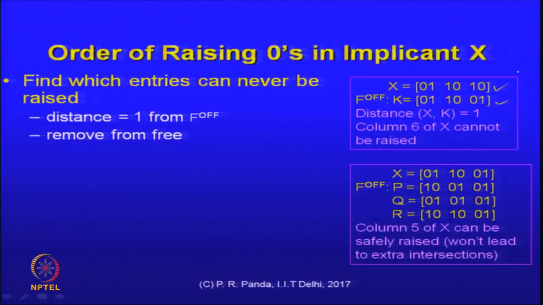This cube has a distance of 1 with the offset. It is different in the third position. So, the distance is 1. Remember, if there is a do not care somewhere, then that does not count towards the distance. So, when there is a conflict A versus A prime, that is when there is a distance. You are counting the distance as the number of voids that are there in the intersection. This is essentially one void.